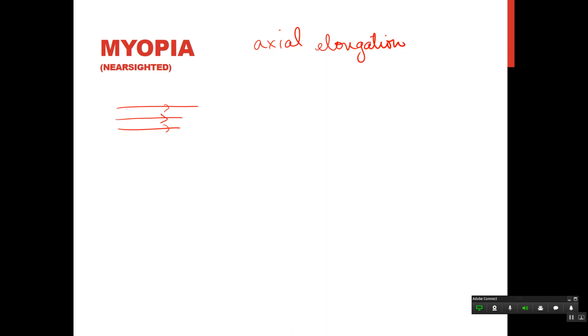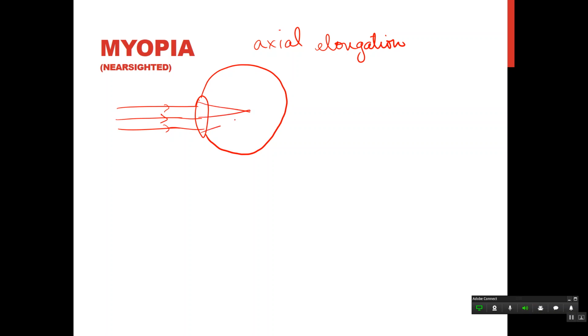Myopia is an example of axial elongation, so your eyeball is too long. Here's your eyeball lens, and your eyeball is way longer than it needs to be, and so the image is formed in the middle of your eye.